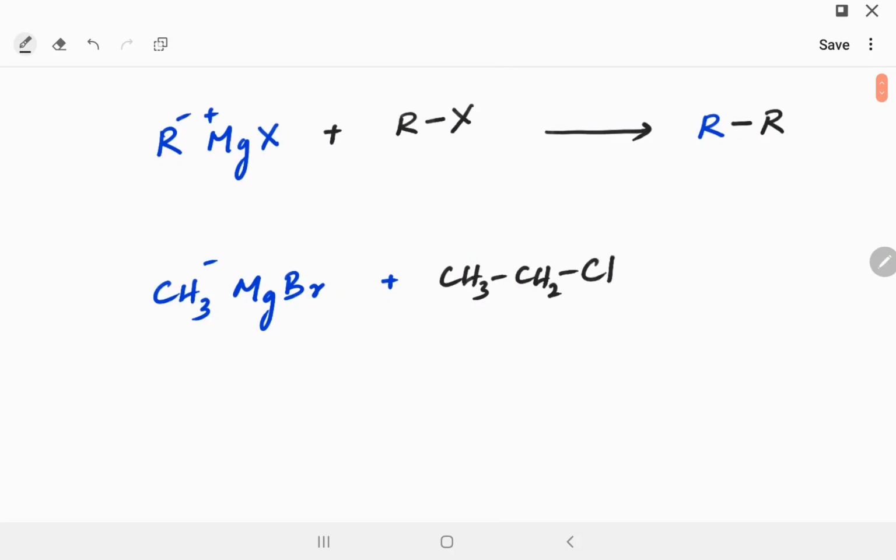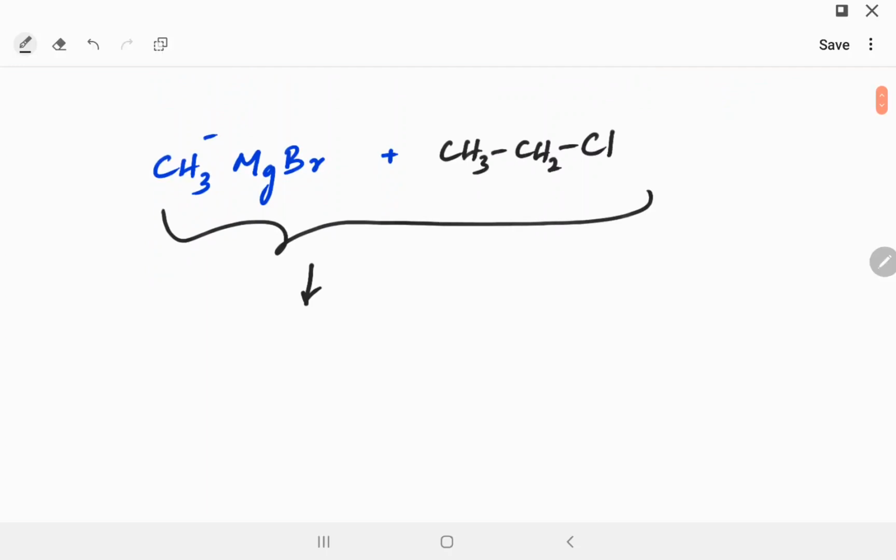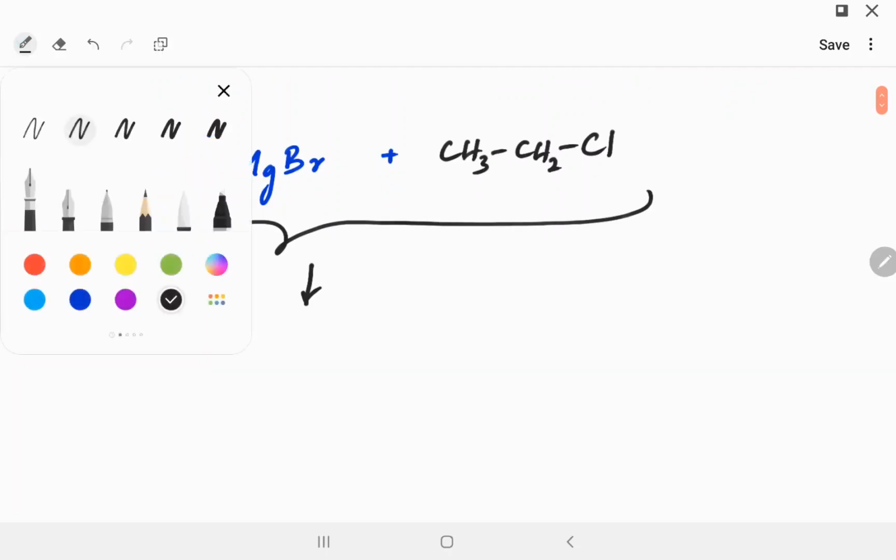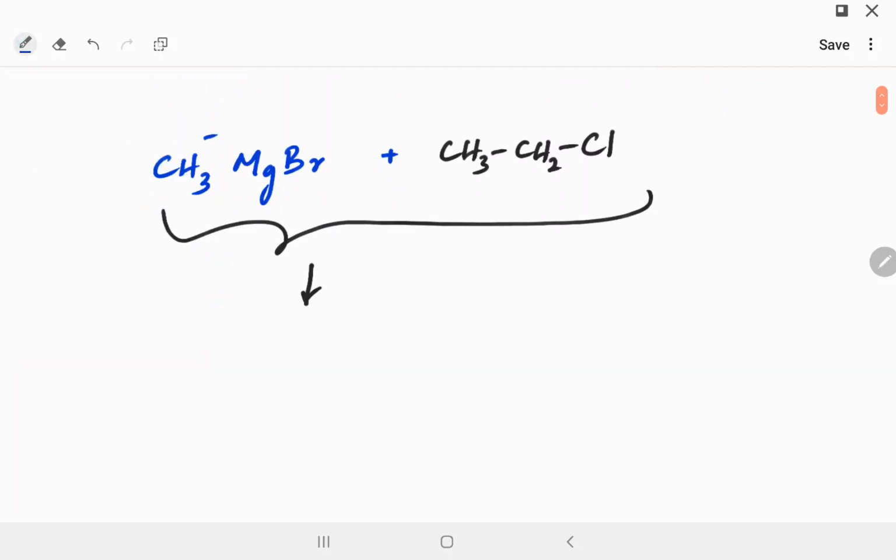When you combine these two, what you get is a coupled organic compound. Your CH3 group will substitute the halogen from the alkyl halide. So what you get is CH3CH2CH3.